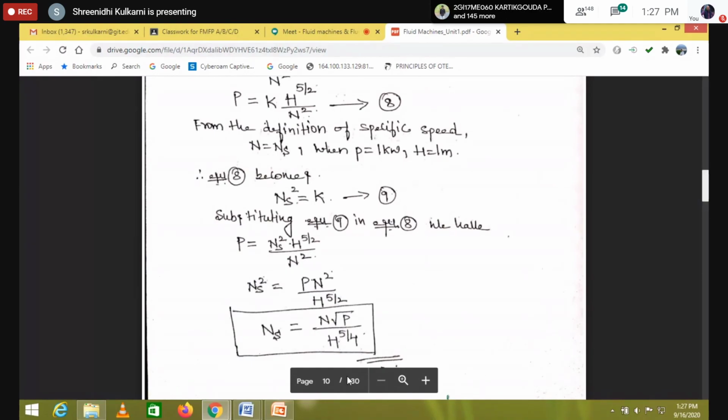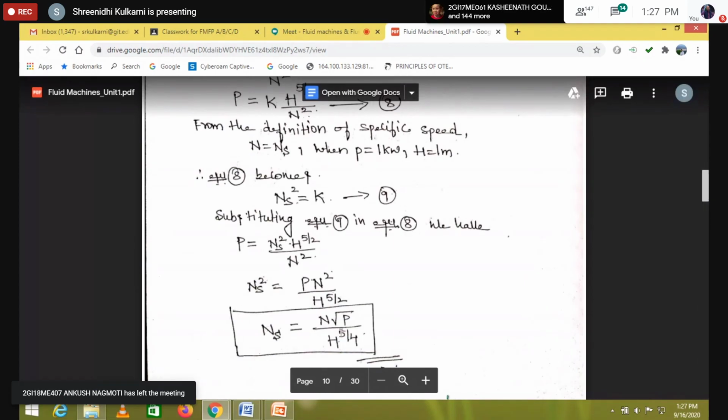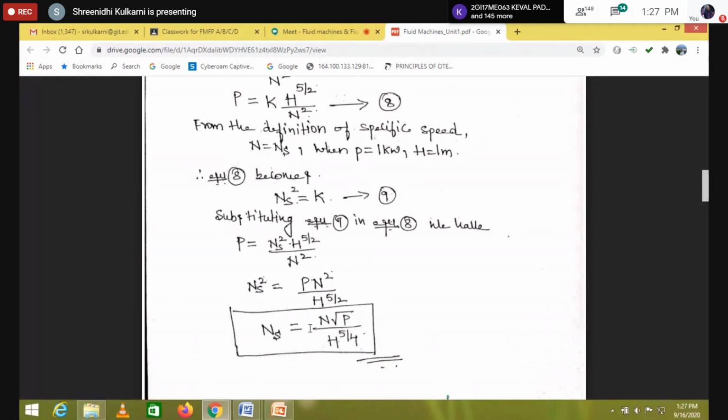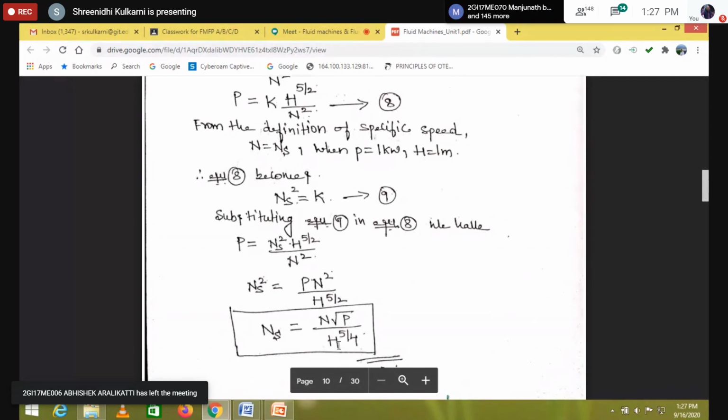This we can call the specific speed of the turbine. Because in your quiz they may ask you to write the equation for the specific speed of a turbine. So this is the equation: N into root of P divided by H to the power of 5 by 4.